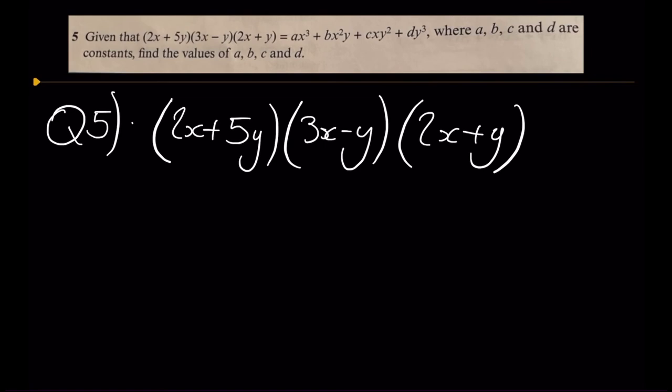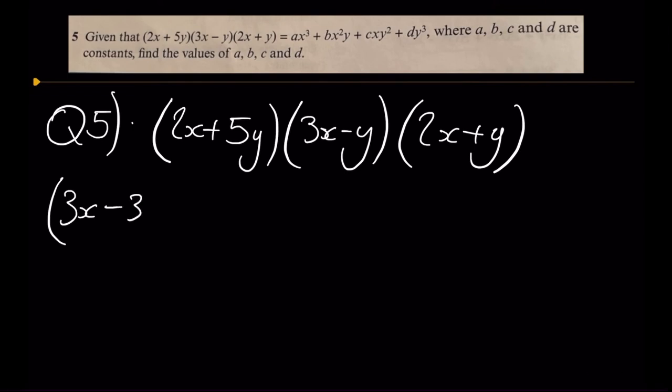Okay, so I'll be answering this as I would in an exam style setting. So this is how I would do it. I'll start off with the last two expressions.